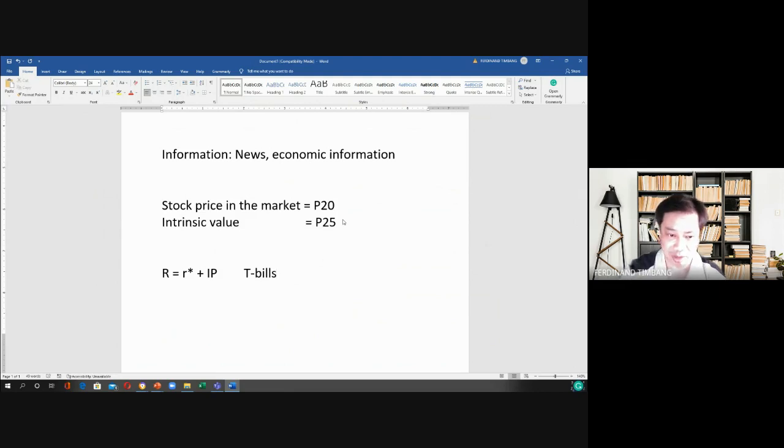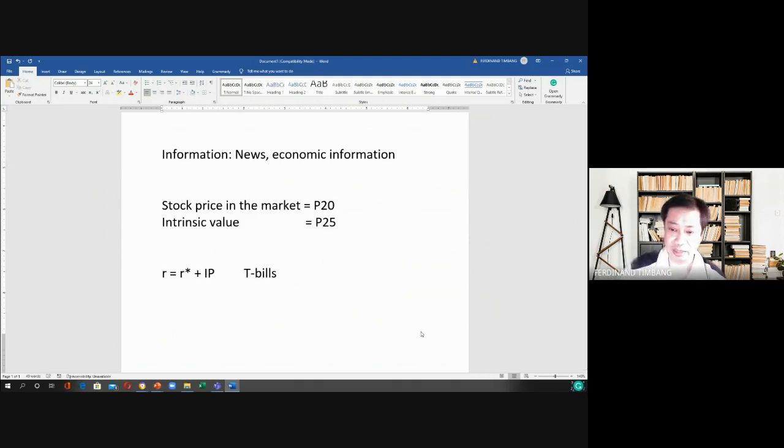So ibig sabihin kasi ng R star, ito yung risk of rate of return without the consideration of the inflation. So, but once you included the IP from the R star, then it becomes a risk-free investment. No, small r dapat yan.